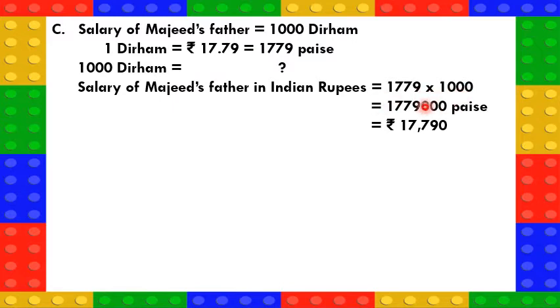We get 17,79,000 paise. Converting this into rupees, we get rupees 17,790. So Majid's father's salary in Indian rupees is rupees 17,790.